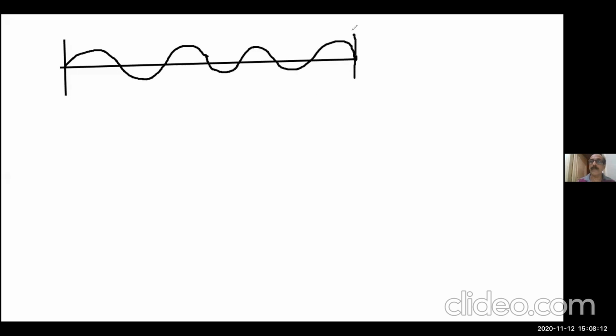Suppose it stops here, this wave will come back. This is a reflected wave. Now it is going along the negative x-axis, so vt plus x will come here. So the onward wave and the reverse wave, when they come back, add up in some places.